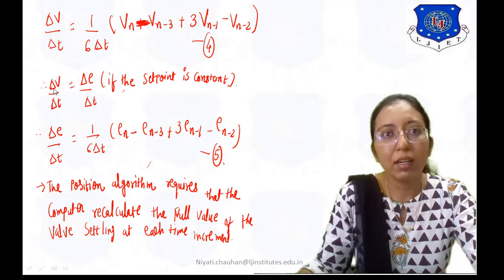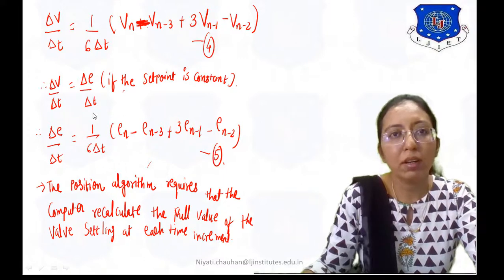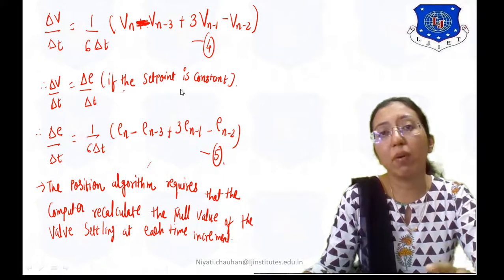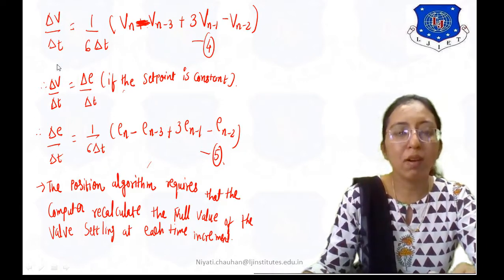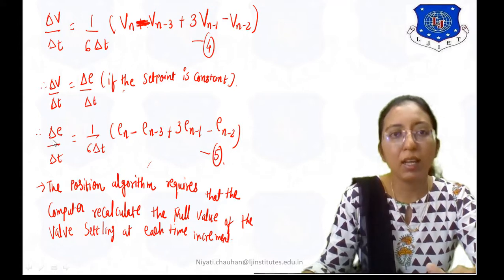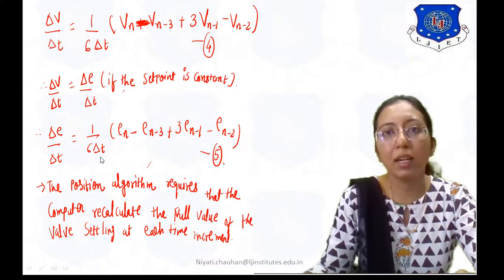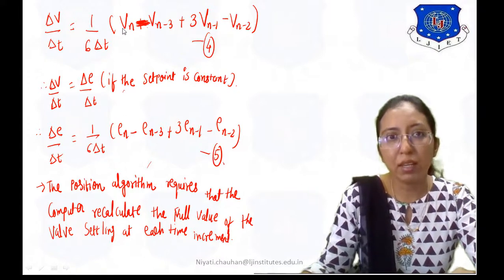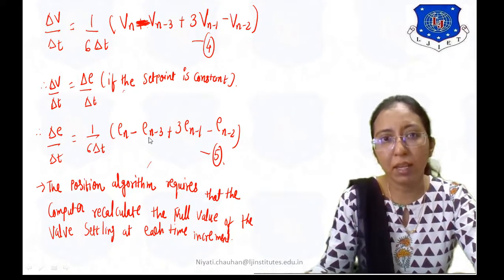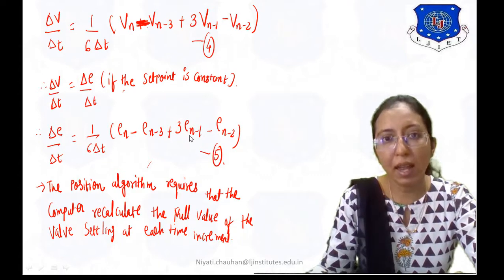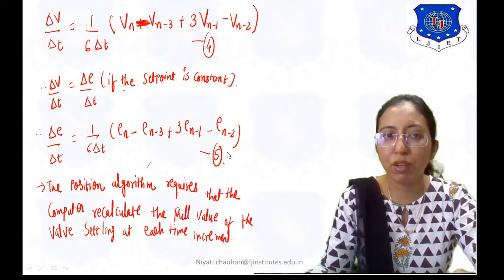We can write ΔV/ΔT equal to ΔE/ΔT if the set point is constant. So in place of ΔV/ΔT we write ΔE/ΔT, which is equal to 1/(6Δt) [En − En-3 + 3En-1 − En-2], replacing V by E. This gives equation number 5.